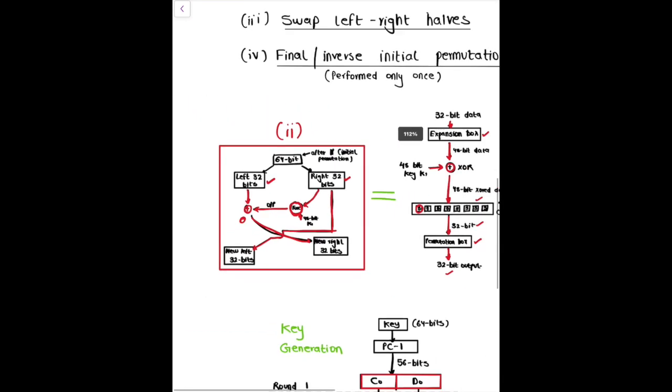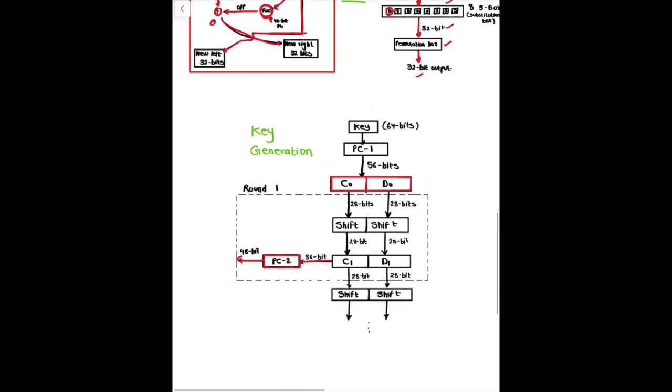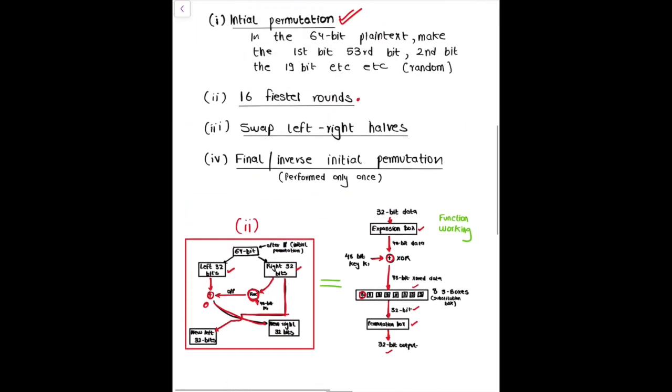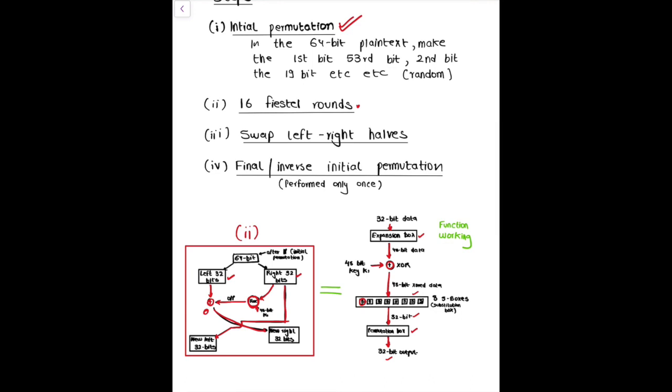We also looked at how the 16 48-bit keys were generated for each Feistel round. This ended steps 1 and 2. After that, we got a resultant ciphertext with a left half and a right half. We swapped the left and right halves of the ciphertext and performed the initial inverse permutation to get our result.